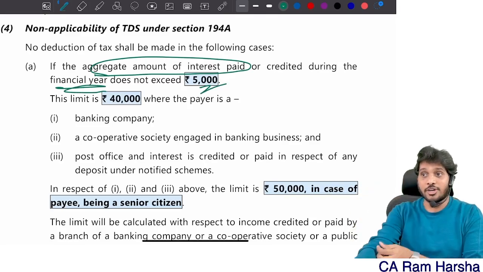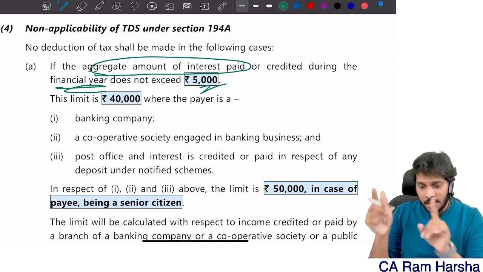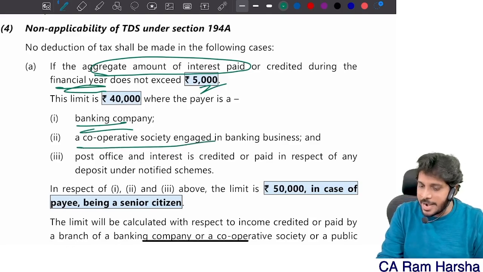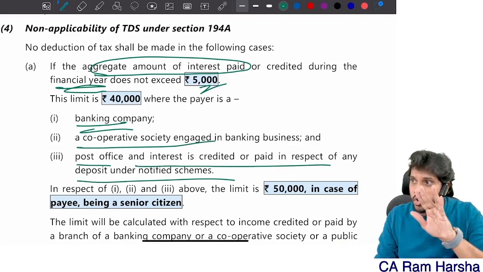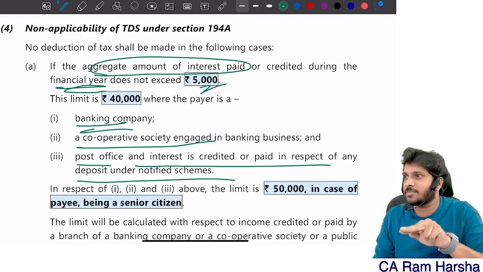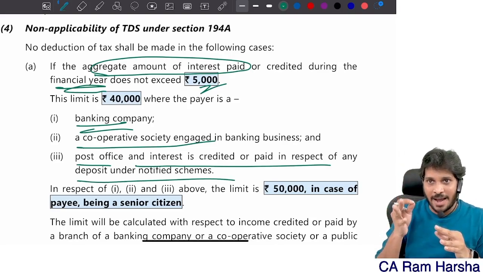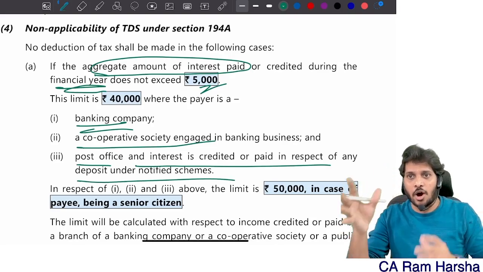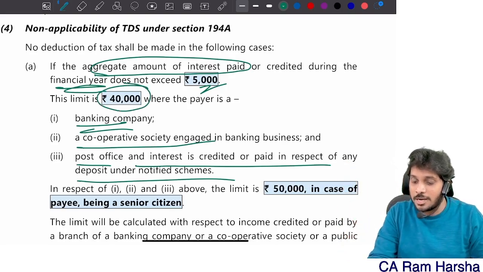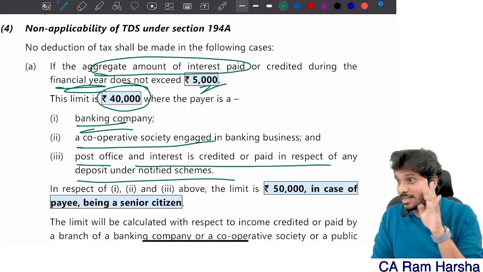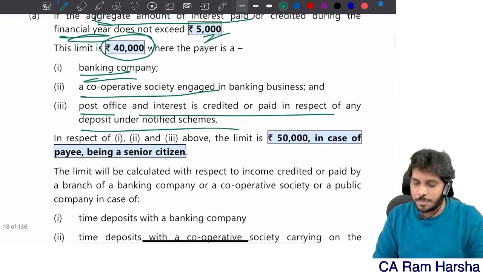However, if interest is paid by a banking company, a cooperative bank, or a post office under a notified scheme of post office, then the threshold limit is 40,000 rupees.